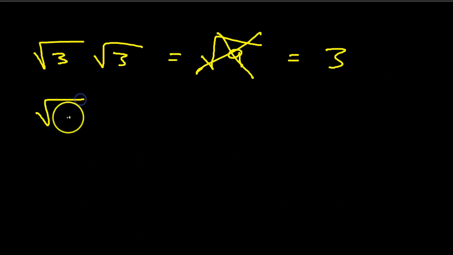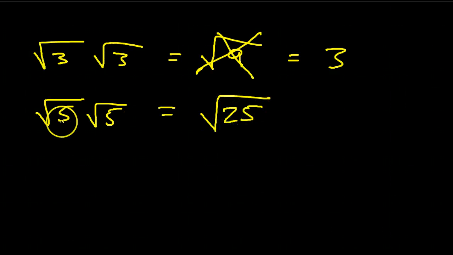So look, what's the square root of 5 times the square root of 5? Now yes, that would be the square root of 25, but again, not a coincidence, we get a perfect square. And what is the square root of 25? 5. By now almost everybody is seeing the pattern, and you'll be able to skip the middle step and go straight to the 5.